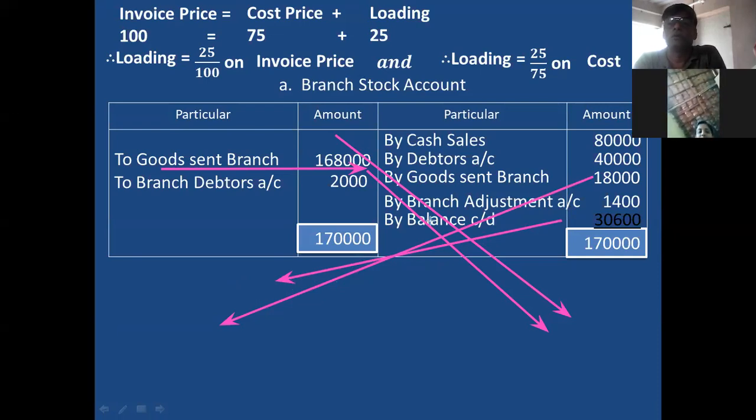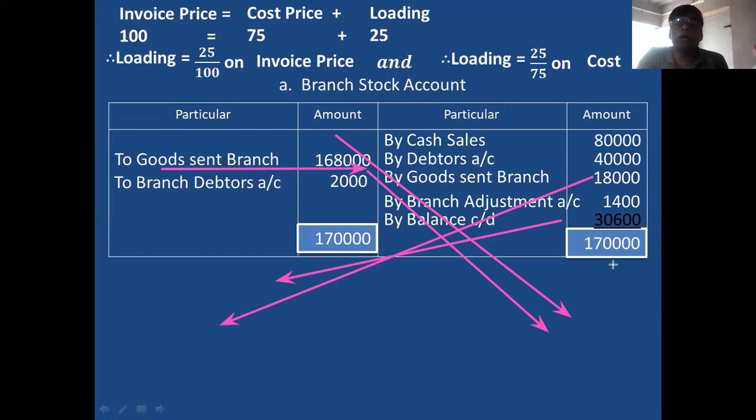So you see this. This is the point. You have to calculate loading on opening stock, opening balance, and on goods sent to branch, which goes to the credit side. Loading on goods returned to head office and closing stock goes to the debit side.